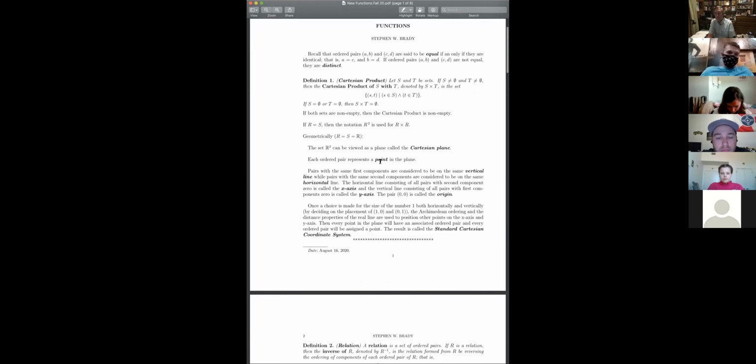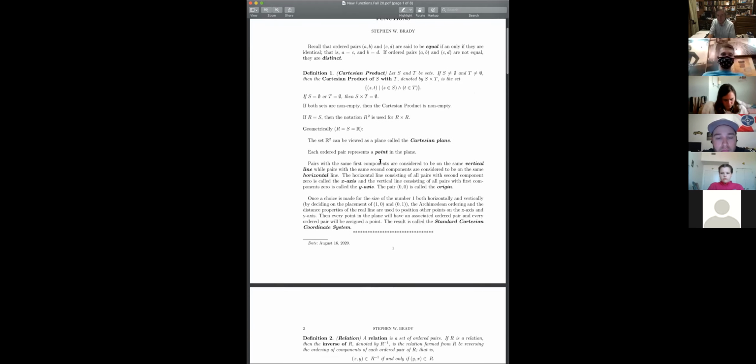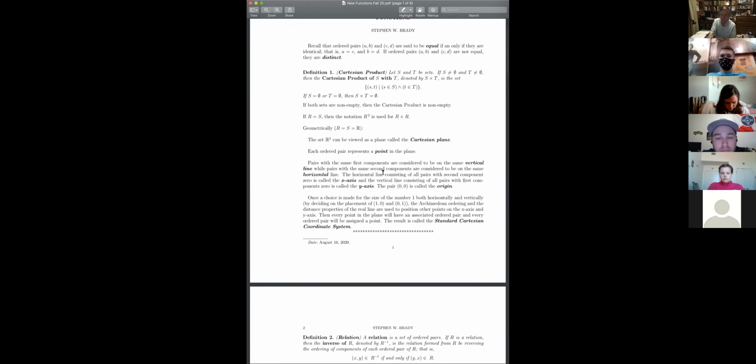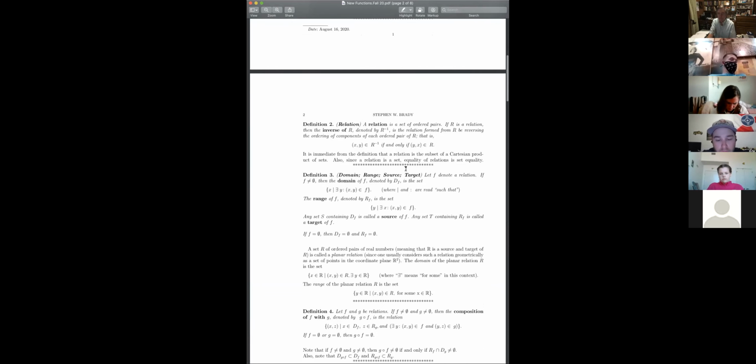Every ordered pair is called a point in the plane. And so all I'm talking about on this first page of these new notes is what we do to make up a graphing system. We have a vertical line and a horizontal line, x-axis, y-axis, all this stuff you know, okay? So I'm trying to delineate it in case you never saw it before.